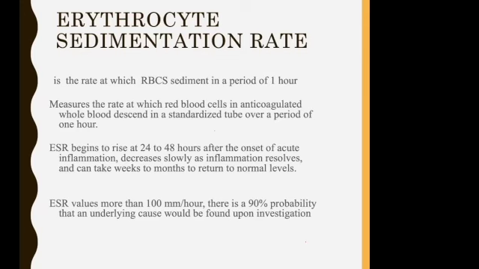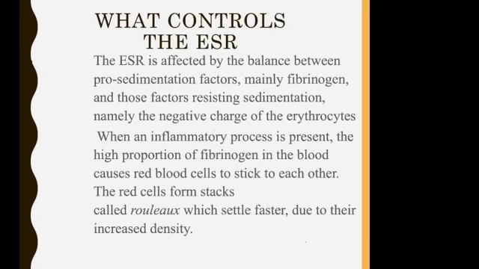Okay. So what controls the ESR? As we said, if you leave the blood inside a tube for an hour, the blood cells start to sediment, they start to fall, they start to precipitate at the bottom of the tube. We're going to measure that in millimeters. Everyone has a normal range.